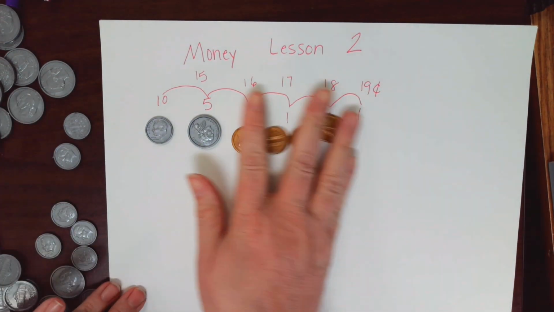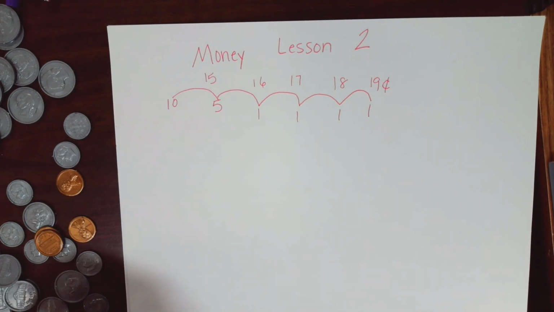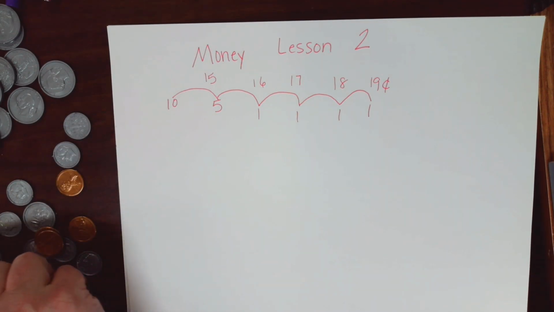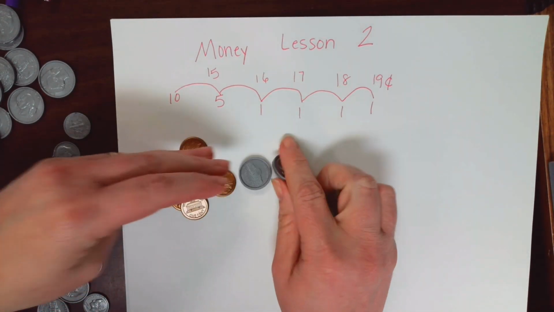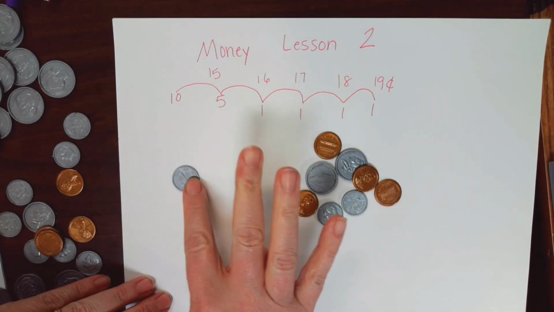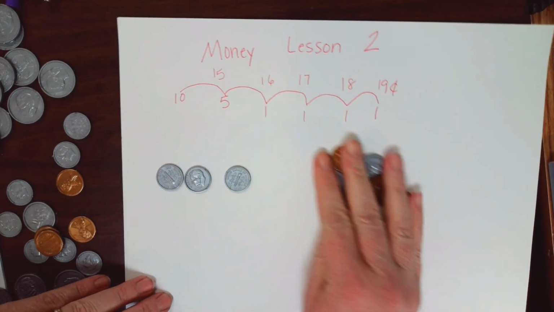Now, let's try a different amount of money. Let's try this amount of money. First thing we're going to do is we're going to count out our largest. We've got 10, 20, 30.